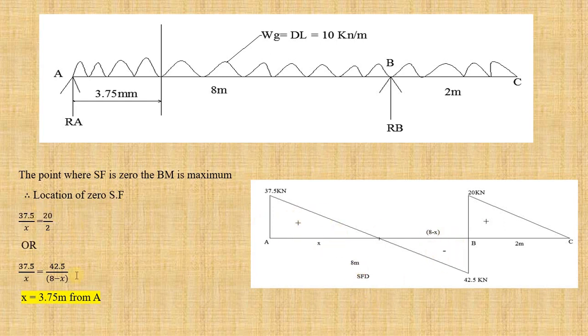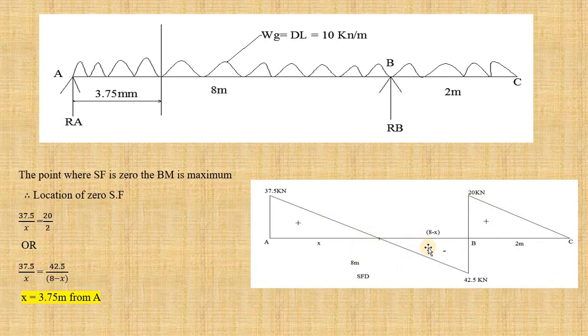I have written both conditions. First, I have considered positive triangle equal to positive triangle. What is the height of this triangle? 37.5. I am talking only about this triangle. So length is x, equal to the height of this, which is 20, and the length is 2 meter.